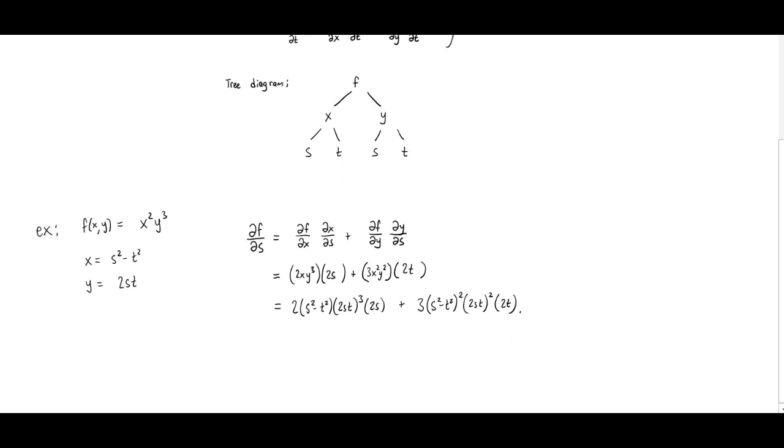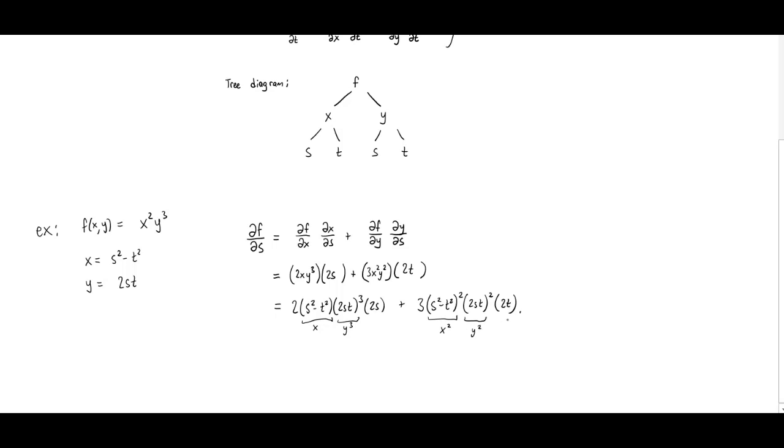All right, so do you guys see how the chain rule works in this example? So then we had 2 times x, this was the y cubed, right? And then here, this was like 3x squared, then times y squared, and then times the 2t, all right?